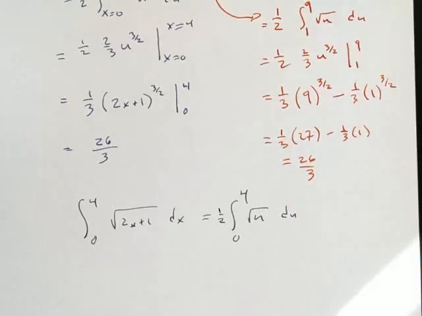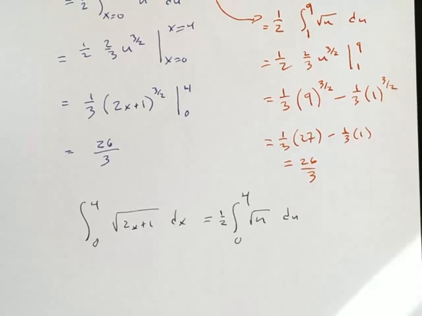That's wrong. Because the left values, 0 and 4, are x values. The right values now say the u values are 0 and 4. This is a no-no. Do not do this.